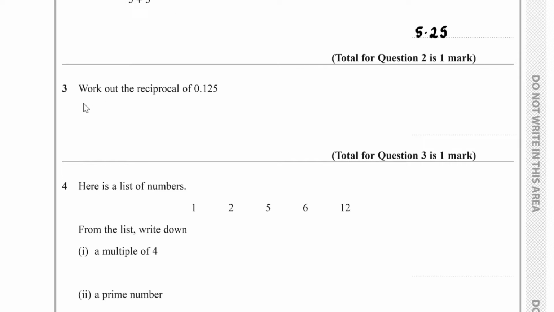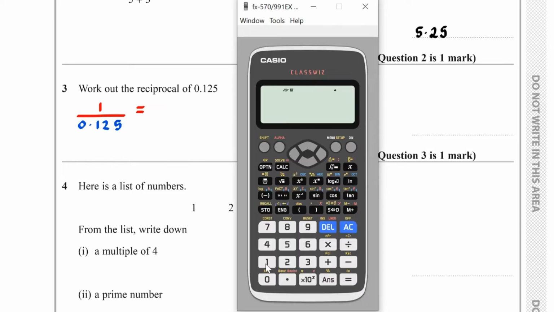So we have 1 over 0.125, and if we work out what this is equal to, well, 1 over 0.125 is equal to 8. So our answer is 8.